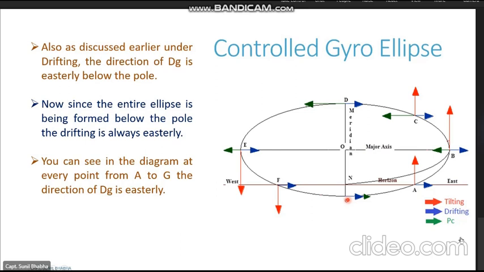That time I specifically told you that the entire ellipse is made below the pole, and we know whenever the spin axis is pointing below the pole, the drifting will always be easterly. So this is the reason why you see the direction of drifting as easterly.